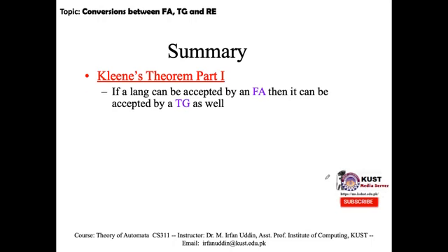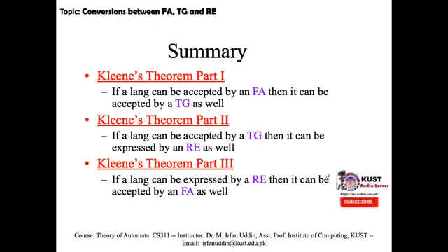So let's summarize Kleene's theorem. Kleene's theorem part 1 states that if a language can be accepted by an FA, then it can be accepted by a TG as well. We proved this. Then we discussed that if a language can be accepted by a TG, then it can be expressed by a regular expression as well.